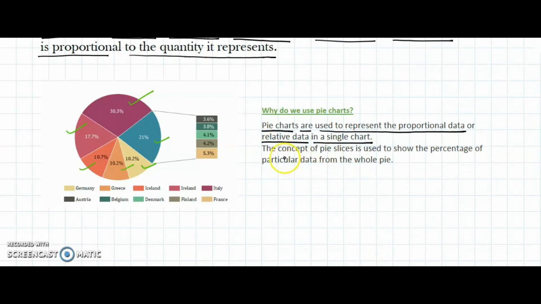If it is presented in a single chart, the pie chart is used. The concept of pie slices is used to show the percentage of a particular data from the whole pie value. So this is how the pie chart is used in our syllabus and in our daily life.